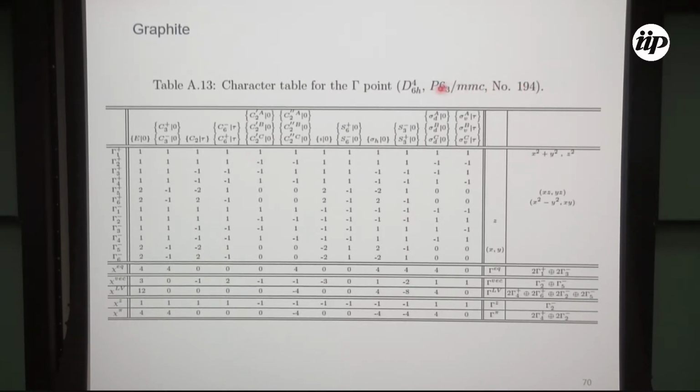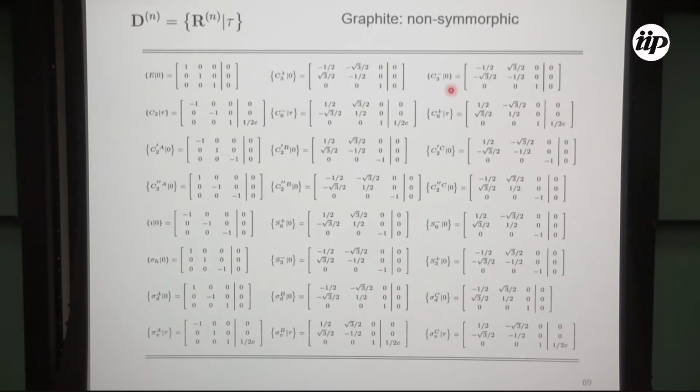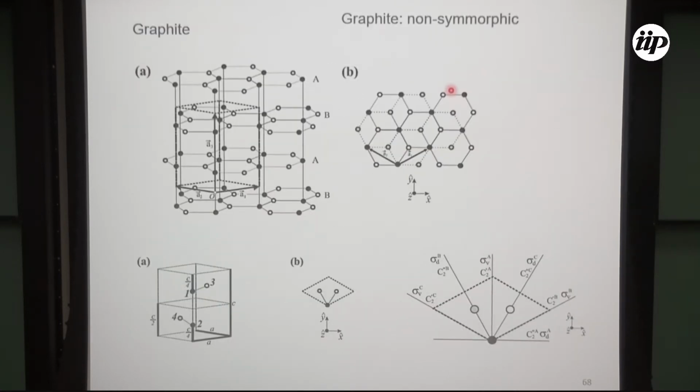We have these translations, but everything is done the same way. Now we have the translation, but the calculations are basically the same. But now we have 4 atoms, not just 2, in the unit cell. We have these 2 atoms here, and these 2 atoms here.